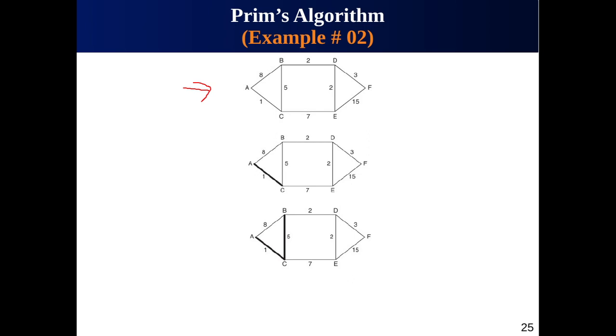It is a connected graph, and there will be no cycle. A cycle is an edge starting from a node and ending at the same node, like a circuit or a loop.